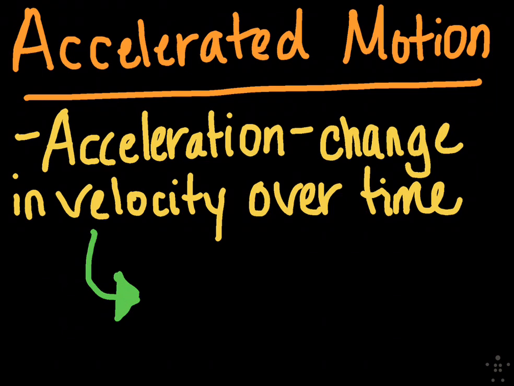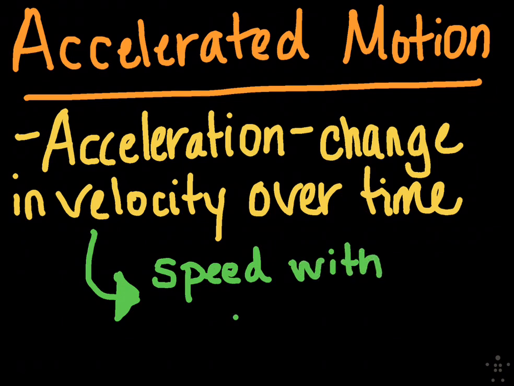Velocity is actually different than speed, contrary to what you might believe. It has to do with speed, but slightly different. Velocity is actually speed with direction. So that means velocity can be positive or negative, kind of like position can be positive or negative. It includes direction. That's important because acceleration has to do with direction also.